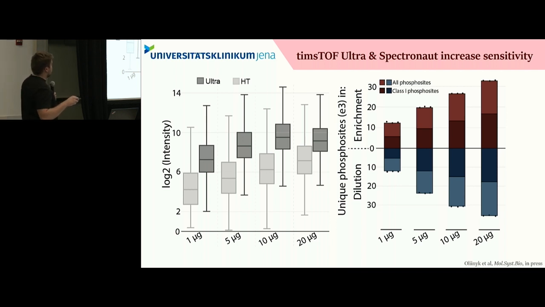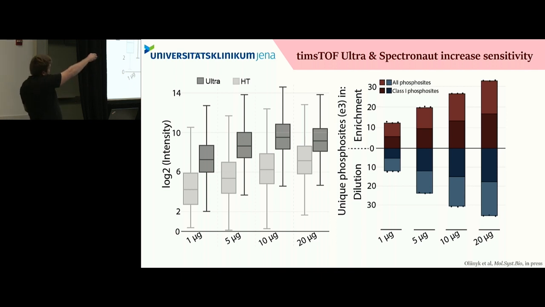And with timsTOF Ultra, we were then able to reproducibly identify more than 30,000 unique phosphosites and around 16,000 of class 1, so with a localization probability of more than 75%.